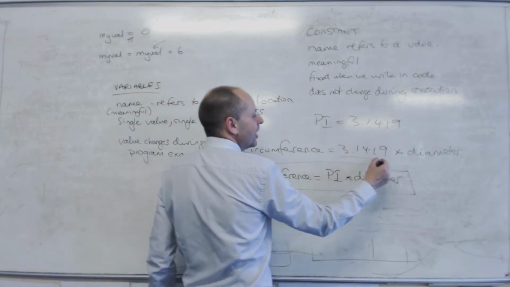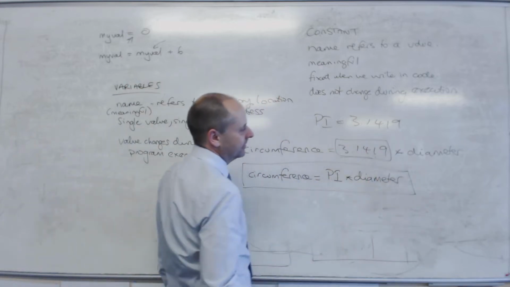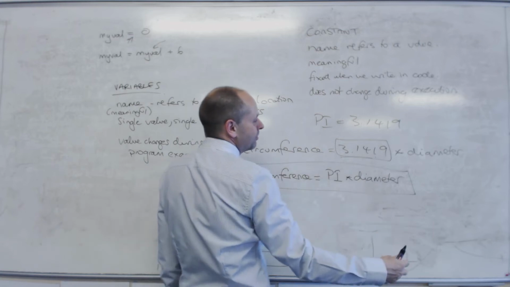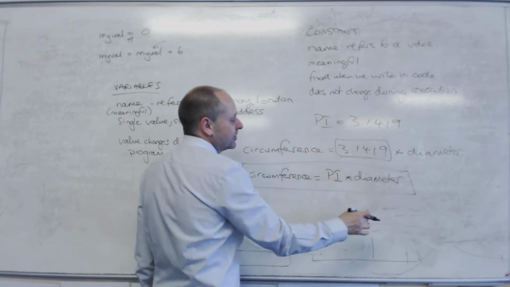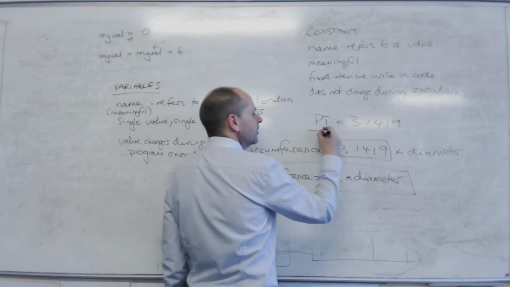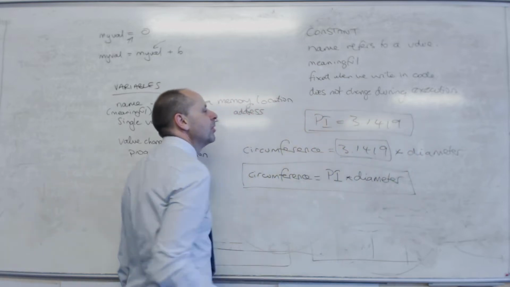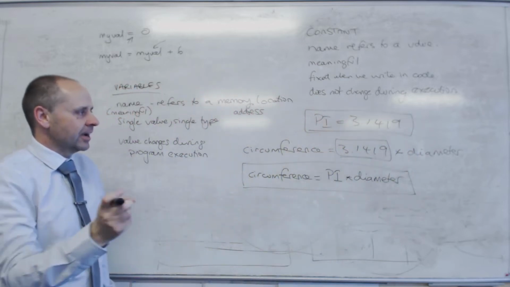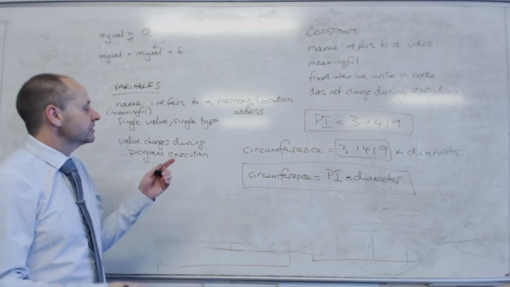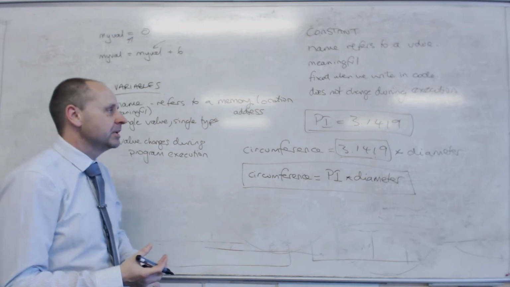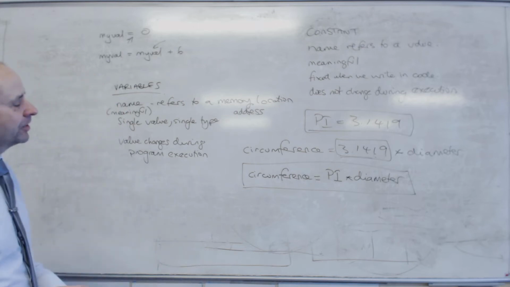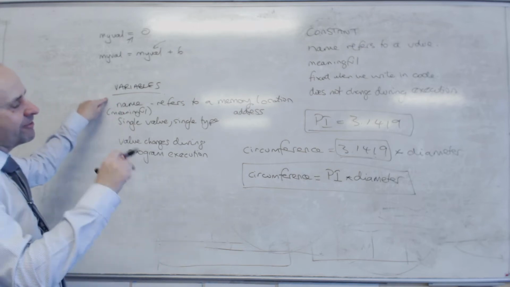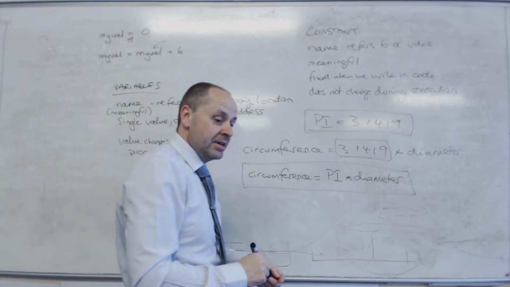How I had it before, I'd have to update it there. And if I've used pi more than once in my program, which is highly likely, I'd have to update every instance of it. But with a constant, I get a single point of reference that I can easily update. So constants are useful because the names give meaning. Okay? Variables, with their names, they refer to a location. That is the major difference.